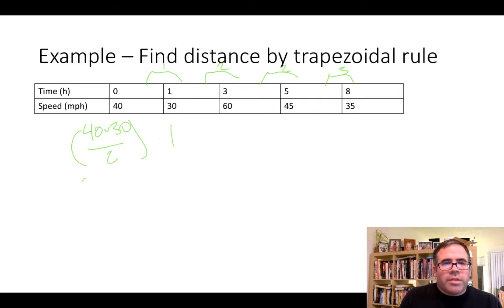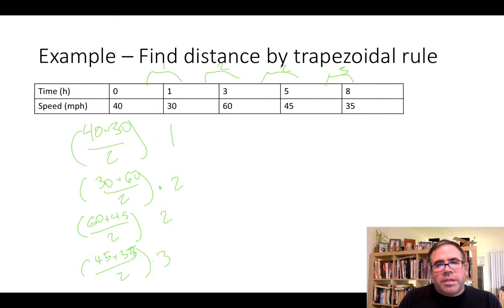And then we'd have to do 30 plus 60 over 2 times 2. And then 60 plus 45 over 2 times 2. And then 45 plus 35 over 2 times 3.